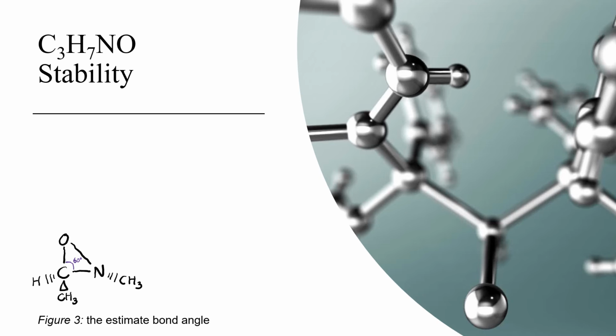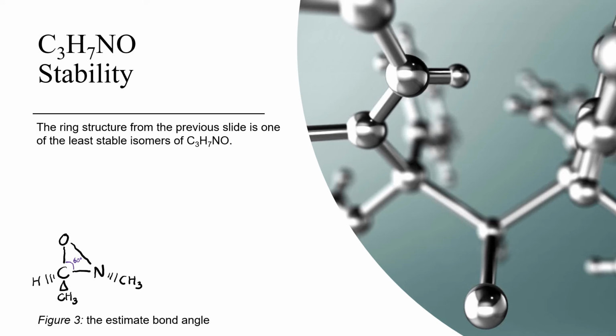The final branch of this topic that we will be talking about is stability within the molecule. Now, different isomers will have different stabilities, but this particular isomer that we have just looked at, the N,3-dimethyl-1-oxa-2-azacyclopropane in either the R or the S form, is a highly unstable molecule, one of the least stable isomers in fact.